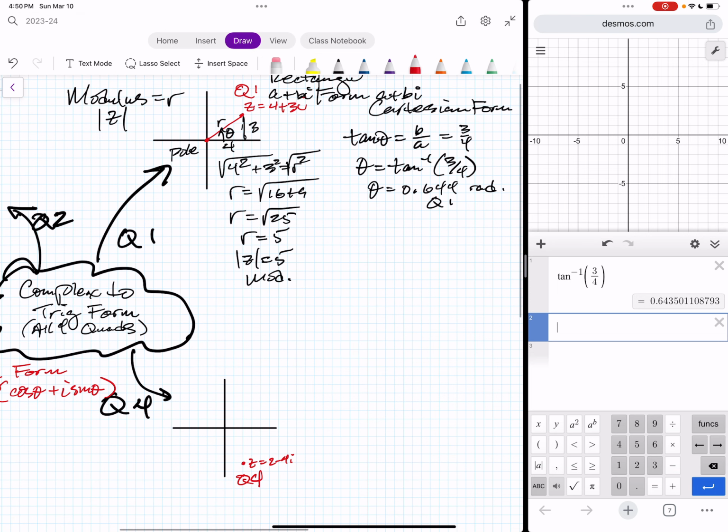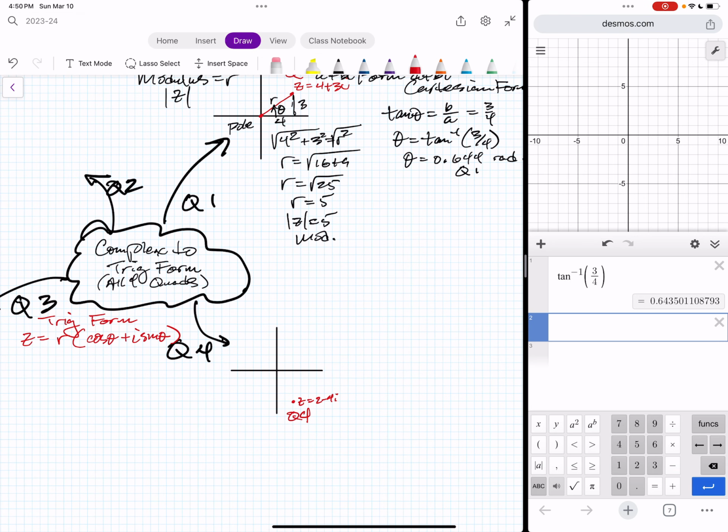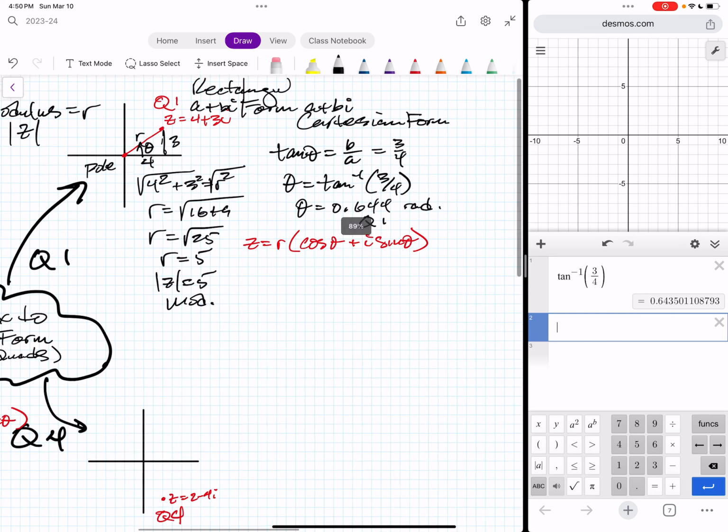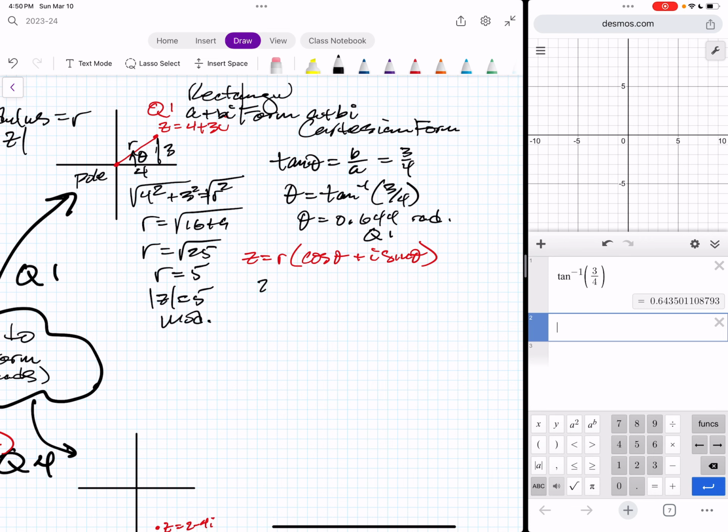And like I said before, right in the middle of the screen right there, that trig form: z is equal to r times cosine theta plus i sine theta, right? Okay, so let's finish up. So what do we have?